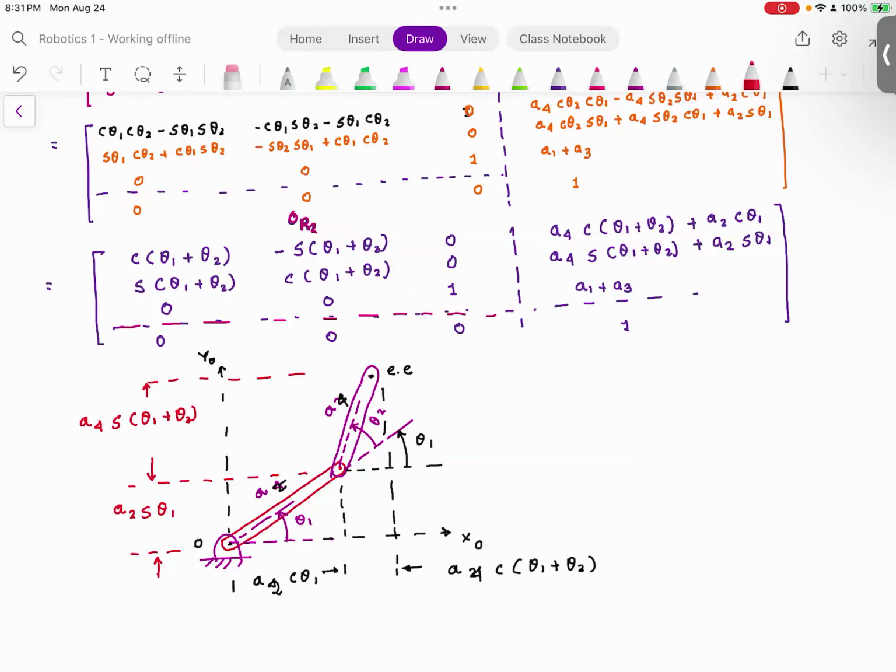So whenever you solve the forward kinematics, and maybe you have 2 links or you have 3 links, it might be just worth your while to sketch and ensure that the answers that you get from the calculations correspond with the answers that you get from the geometry. Everyone understood this?